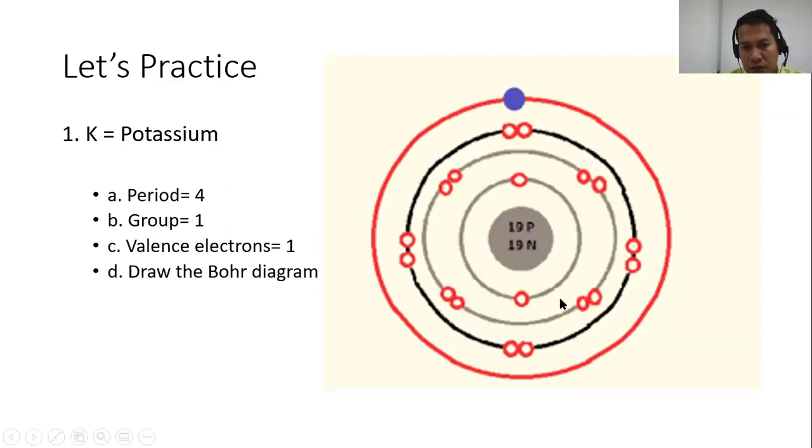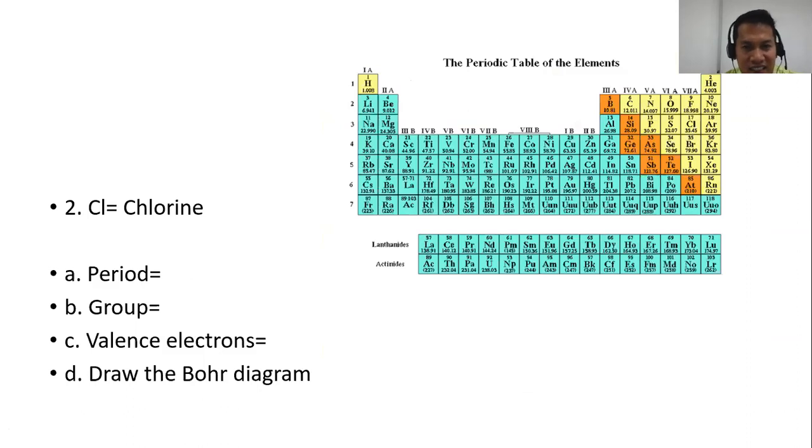This is the first one, the second one, the third one is the black circle, and the fourth one is the red circle. That tells you that this is in period 4. Group 1, it has 1 electron, so your valence electron is only 1. Okay, and this is the Bohr diagram. That's easy, right?